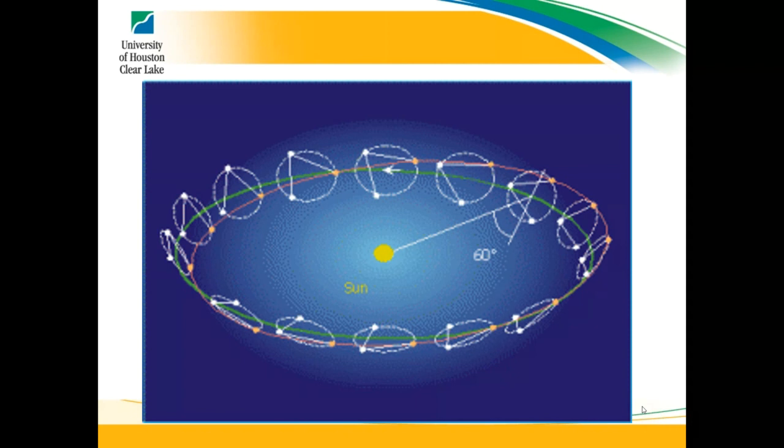The LIGO sites and the other terrestrial gravitational wave observatories can go from around 10 hertz to about 1,000 hertz, and their sweet spot is around 100. LISA can go down to about 1/100th of a hertz, up to about a hertz. So it's much lower frequency than you can ever get on Earth.